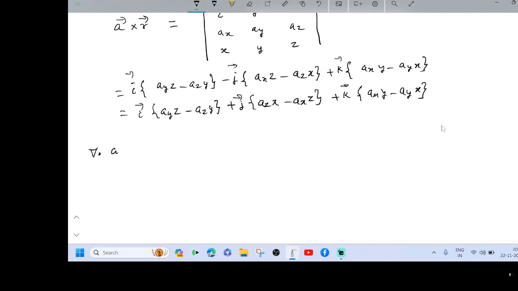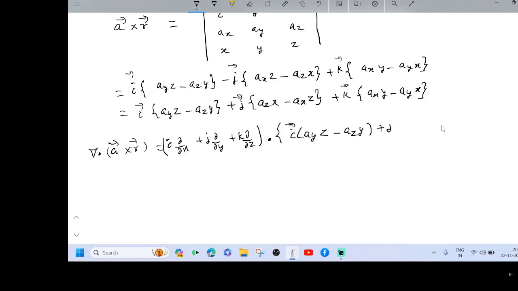Del dot (A cross R) is equal to (i into ∂/∂x plus j into ∂/∂y plus k into ∂/∂z) dot of (i into (Ay z minus Az y) plus j into (Az x minus Ax z) plus k into (Ax y minus Ay x)). Now close this bracket.